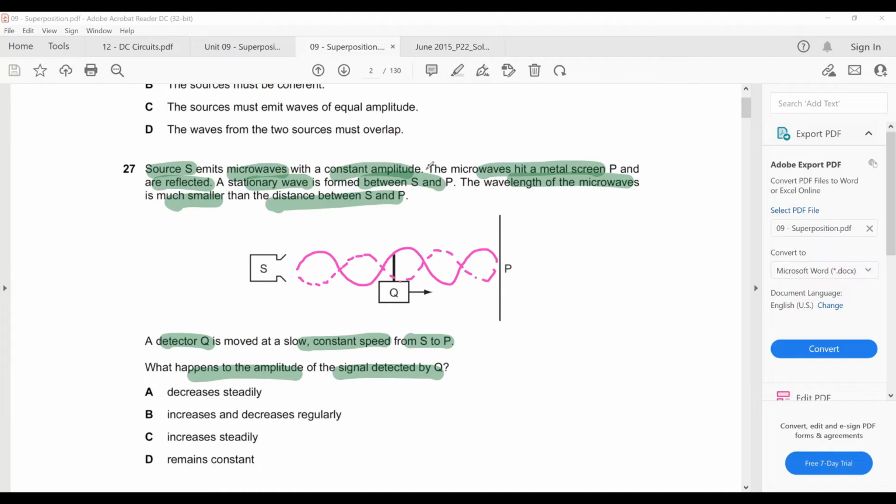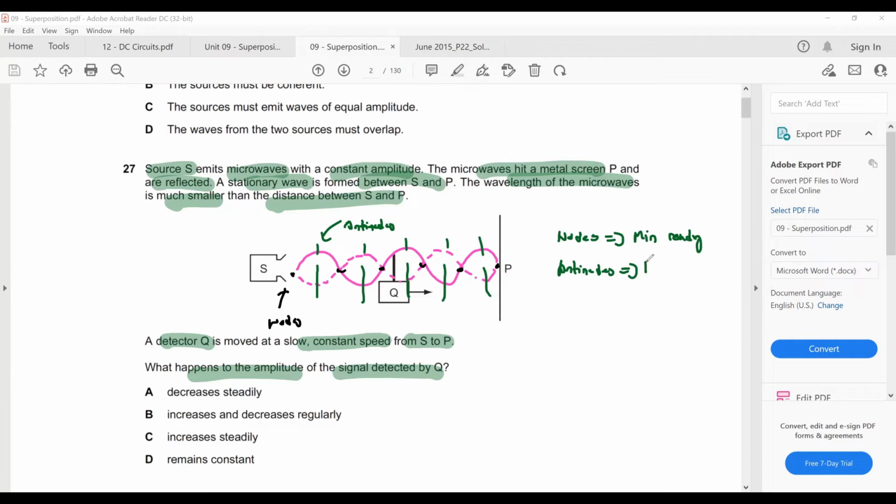You have your nodes, and then you have your antinodes. Where you have nodes, you're going to have minimum reading. Where you have antinodes, you're going to have maximum reading.